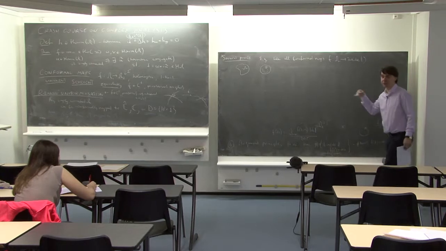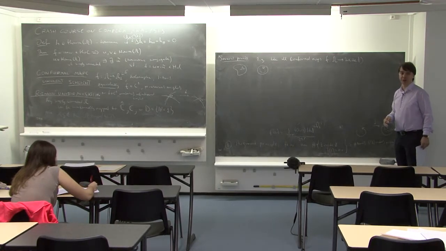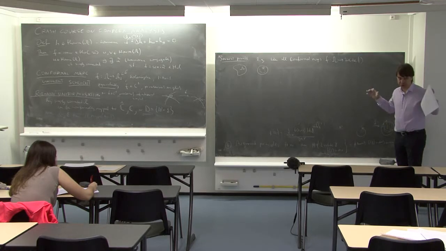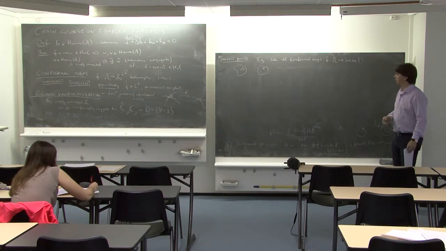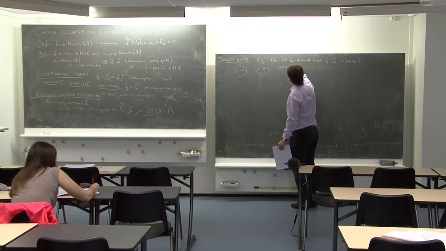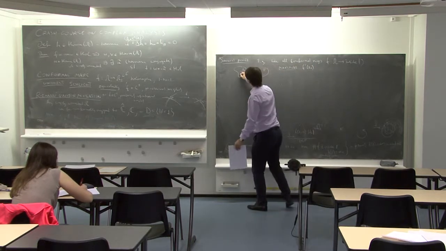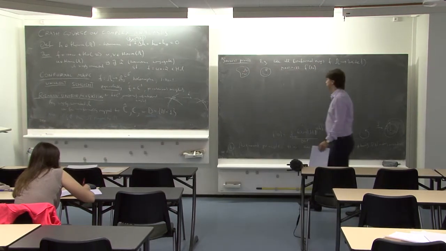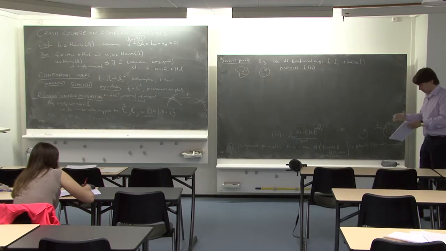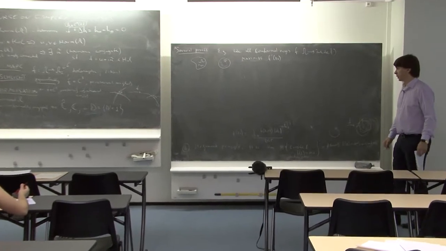One has to show first that such maps exist, which is non-trivial if omega is not a bounded domain. If it's bounded, it's trivial, you just shrink it. And then maximize among those, maximize the modulus of f prime of z0. That will give you a map onto the disk, because if it doesn't cover the whole disk, you can stretch it a little bit.